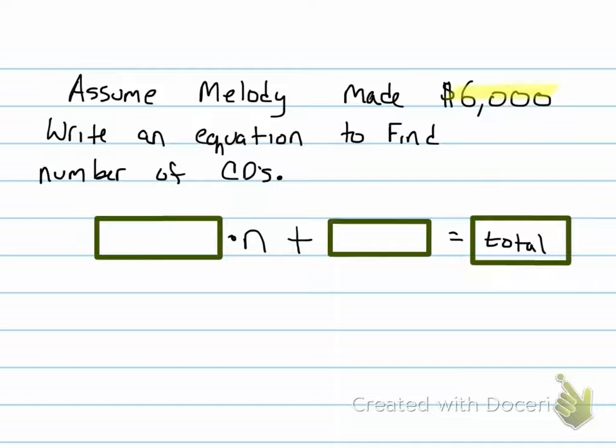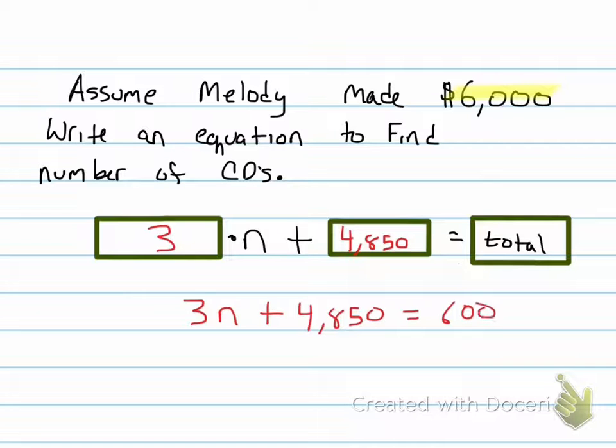So just plugging in the numbers, and I can do that here, and I'll write it better. 3n plus 4,850 equals 6,000.